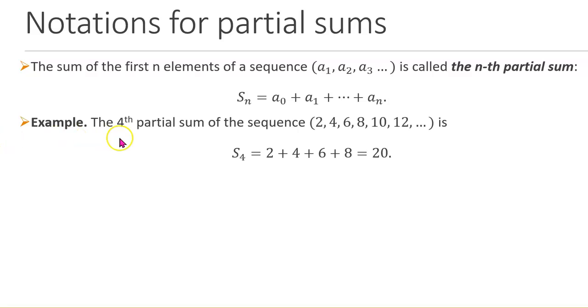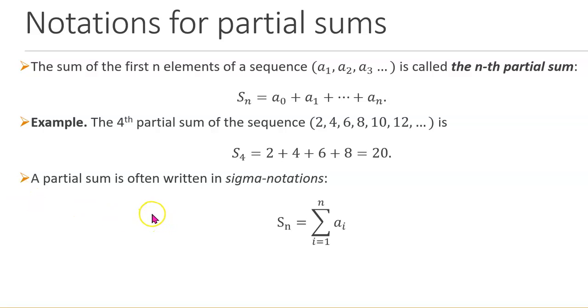For example, suppose you have a sequence 2, 4, 6, 8, 10, and so on. The fourth partial sum of the sequence will be just the sum of the first 4 terms: 2 plus 4 plus 6 plus 8 equals 20.